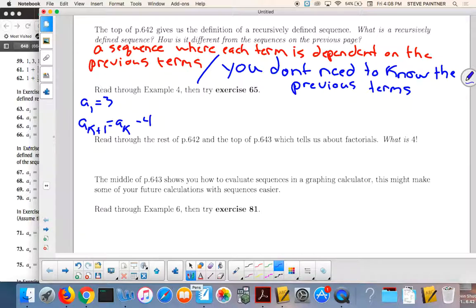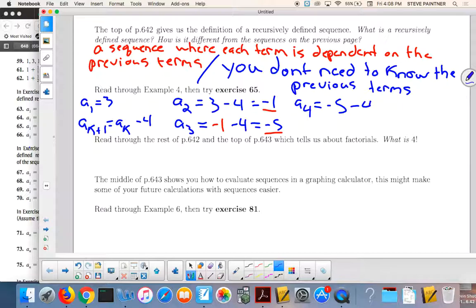So if A sub 1 is equal to 3, that means A sub 2 is equal to 3 minus 4, which is negative 1. That means A sub 3 is negative 1 minus 4, which is equal to negative 5. The next term, A sub 4, is the previous term, negative 5, minus 4, which is negative 9.